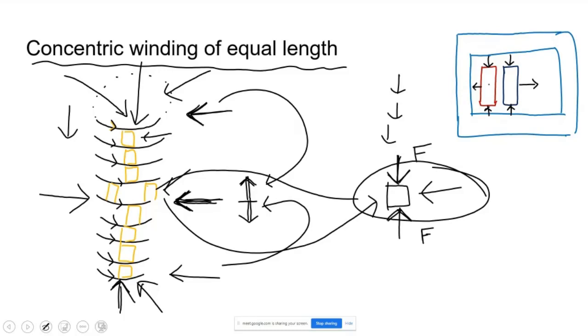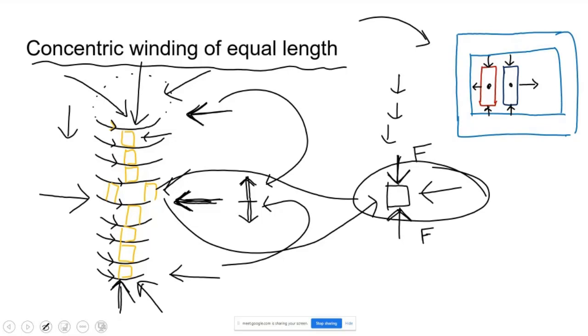In fact, as I just told you, you can consider the center of gravity, and there these forces can be depicted. So this is how the forces will appear in a concentric winding transformer of equal length. You can translate these forces to the center of gravity also, and then find out the resultant forces, etc.